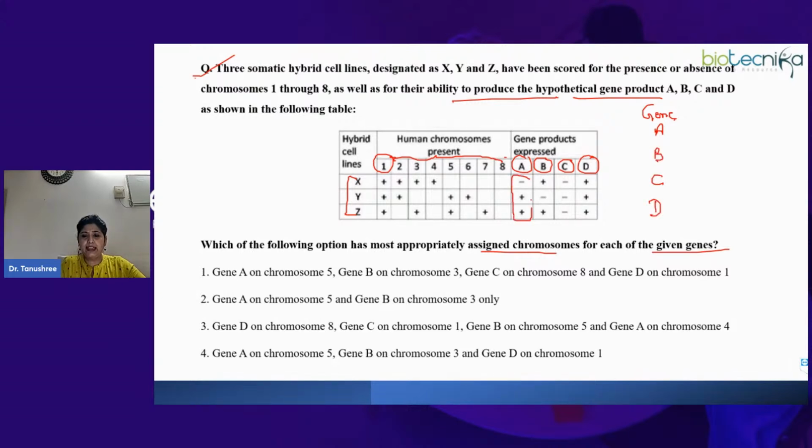The gene product is absent in X cell line, but in Y and Z it is present. In the boxes where nothing is mentioned, that means it is minus.